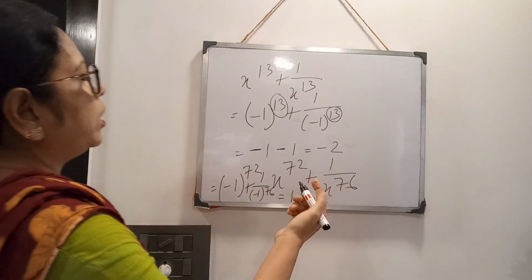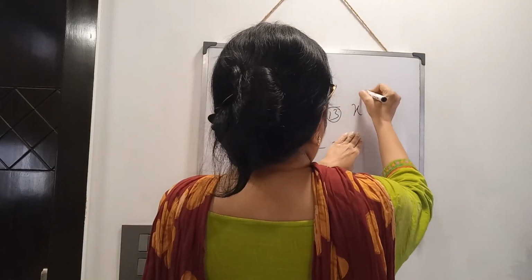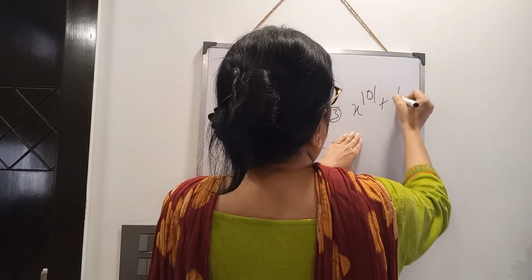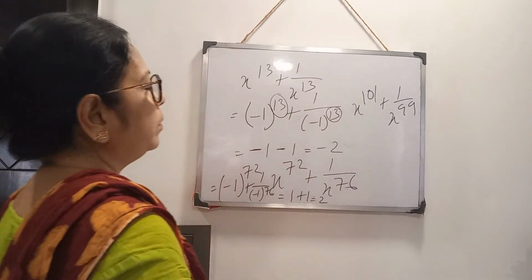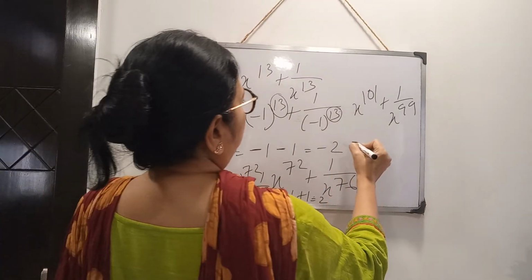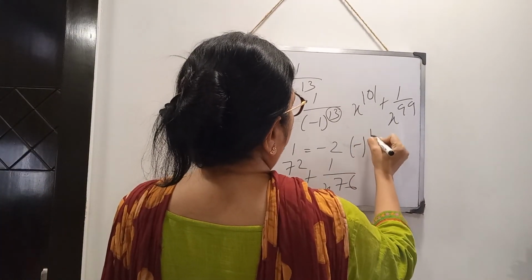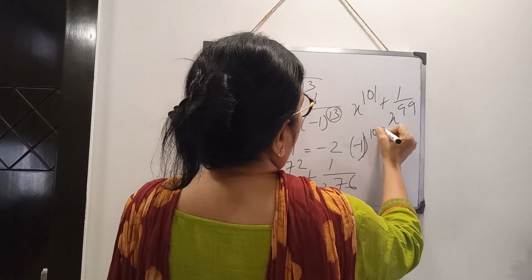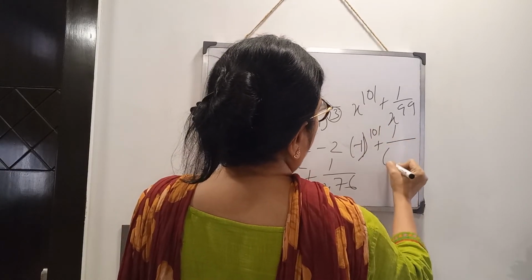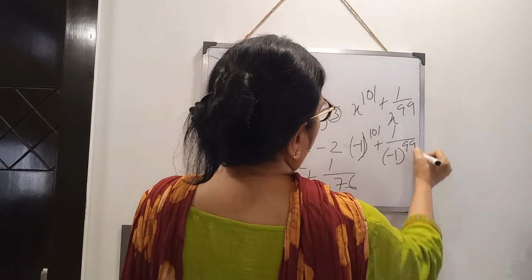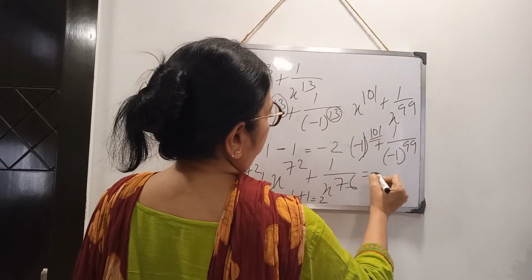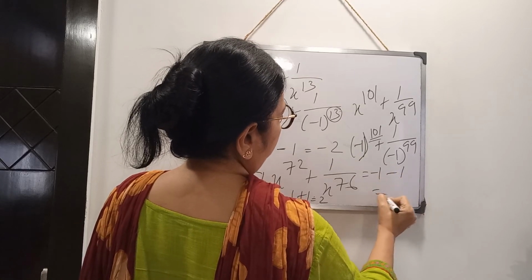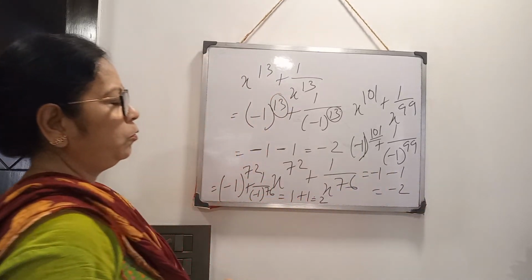If it is given x to the power 101 plus 1 by x to the power 99, no problem. X is minus 1, so minus 1 to the power 101 plus 1 by minus 1 to the power 99. Now you know that it is an odd number, so its value will be negative. Here also it will be negative. The answer will be minus 2.